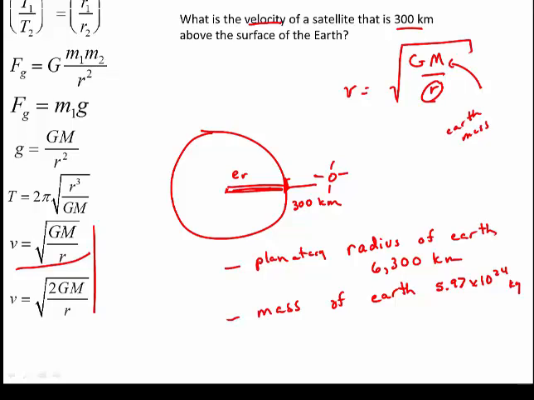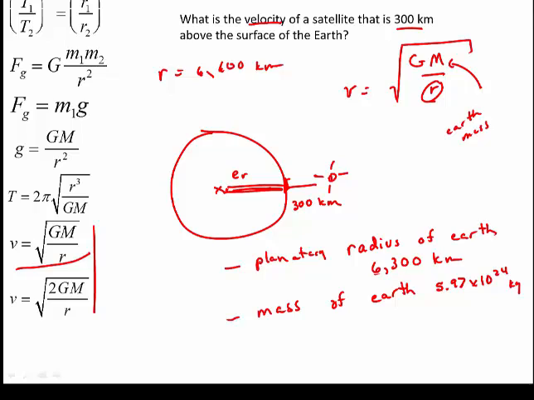This r is the distance from center to center. And the distance from center to center is from the middle of the Earth to the middle of the satellite. So I need to take this 6,300 kilometers and add to it the distance that the satellite is above the Earth. So that's an easy add. R is going to equal 6,600 kilometers.